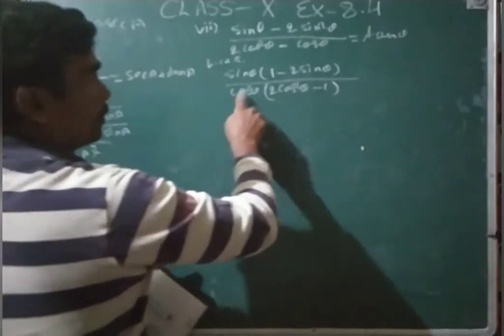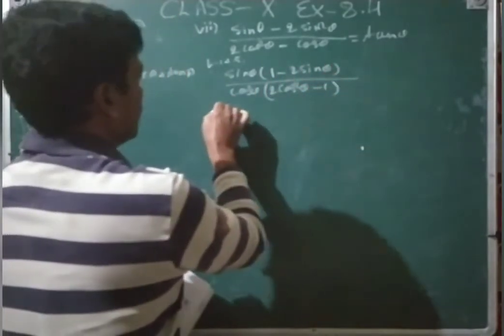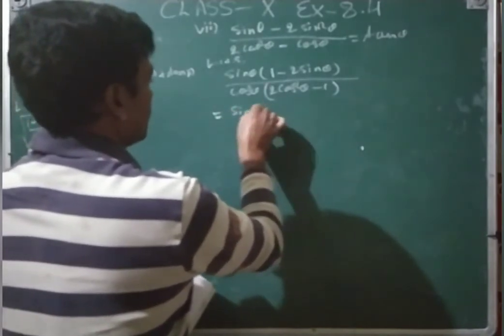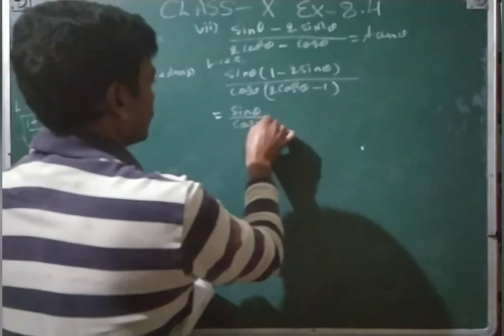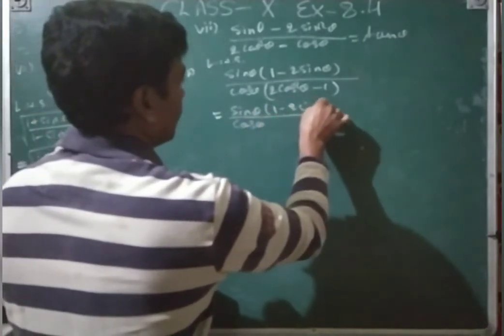Sin upon cos means we know that tan theta. It means this bracket will be cancelled. So how will that be cancelled? We will see here. Sin theta upon cos theta, and then 1 minus 2 sin square theta.